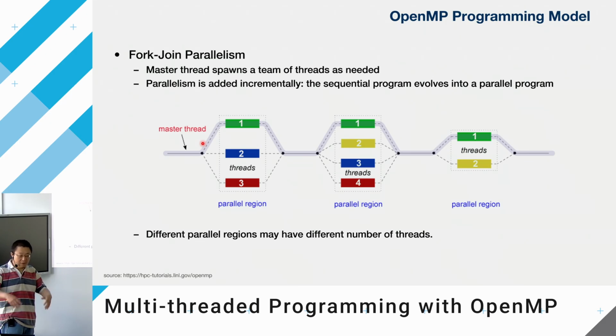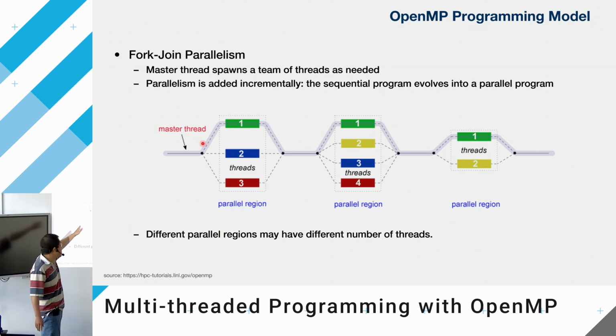First, I would like to give you a very high-level overview about how OpenMP works, without talking about details of OpenMP. The OpenMP programming model is very simple. It's the so-called fork-join parallelism. In the beginning, at the start of your application, you have the so-called master thread, right?